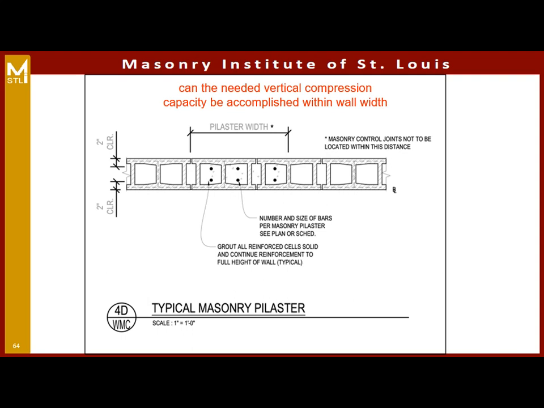So no issues there. One note that we do have on here is over that pilaster width, we can't have control joints in that location. So that's something where we could run into an issue if all we had for locating control joints was a note, especially if the pilaster is all inside the wall. Somebody may not quite realize what's going on there, and might negatively impact our pilaster capacity.